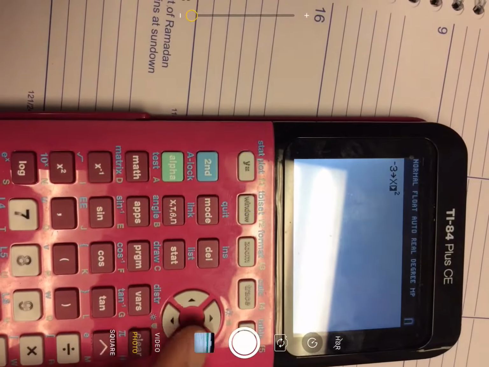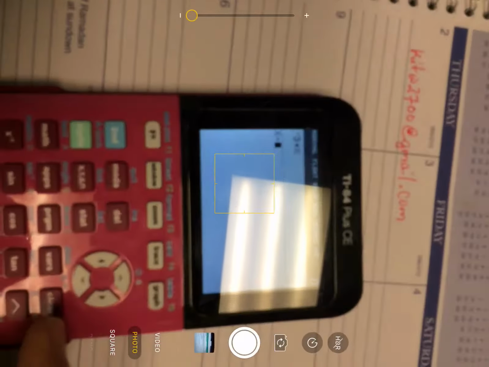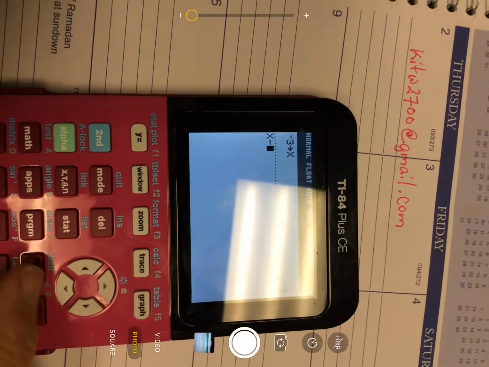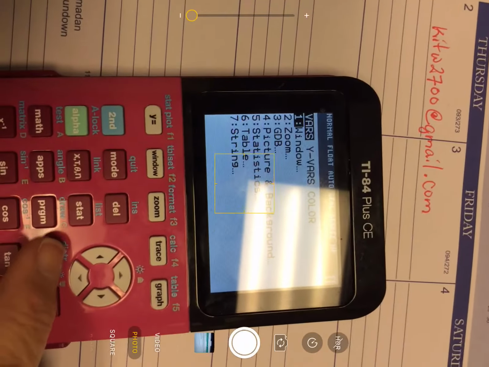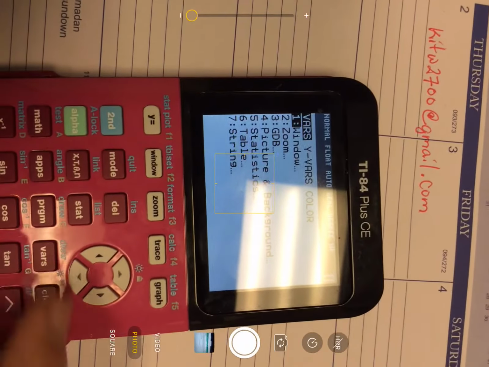Now what we're going to tell it to do is take X, which is what we just put in there, X minus, remember the function is y1, so we're going to go to vars over to y vars. We're going to hit function y1, and we probably better put that in parentheses, so I'm going to insert a parentheses there, and then divided by the derivative which we stored in y2.